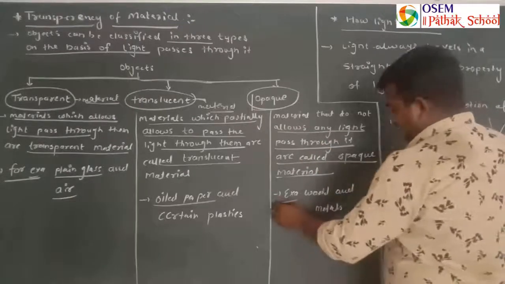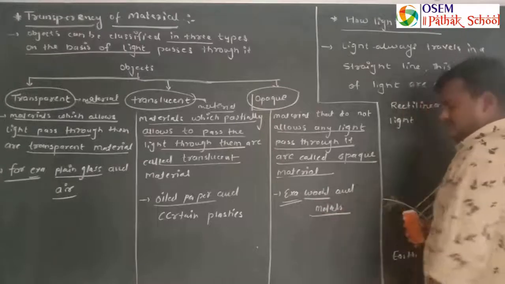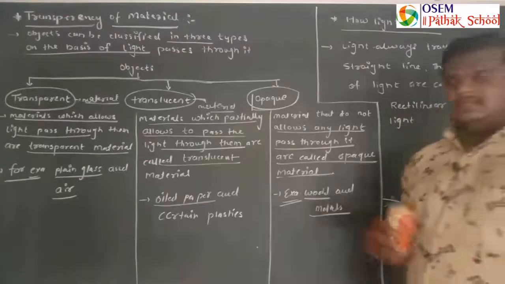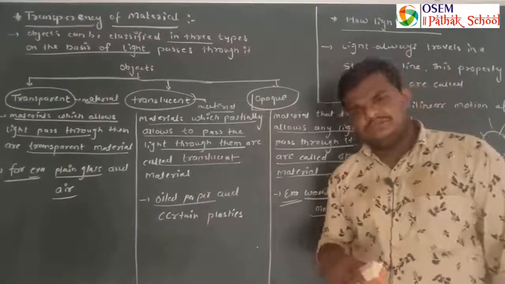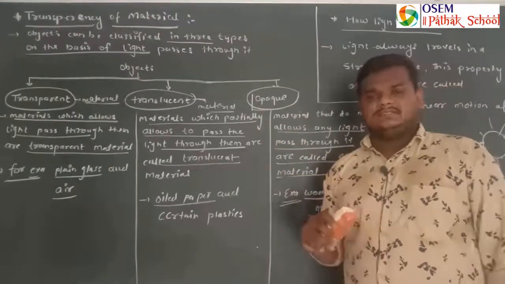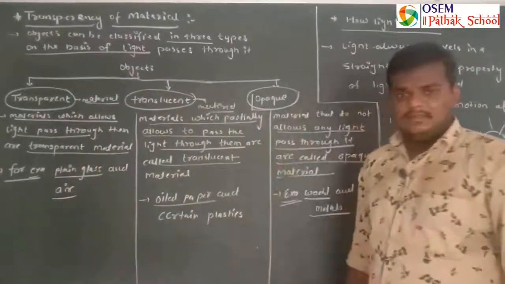And examples of opaque objects are given here: wood and metals, and sand we can say. These are the materials through which light cannot pass. So this is the transparency of a material.